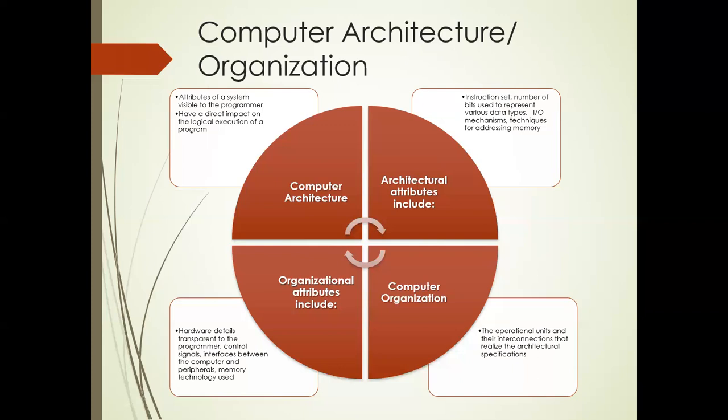All of these are hidden from the programmer. For example, you can consider the operation units, like the ALU, the different registers, etc. All of these are part of the computer organization. Now things should be clear, the difference between computer architecture and computer organization.